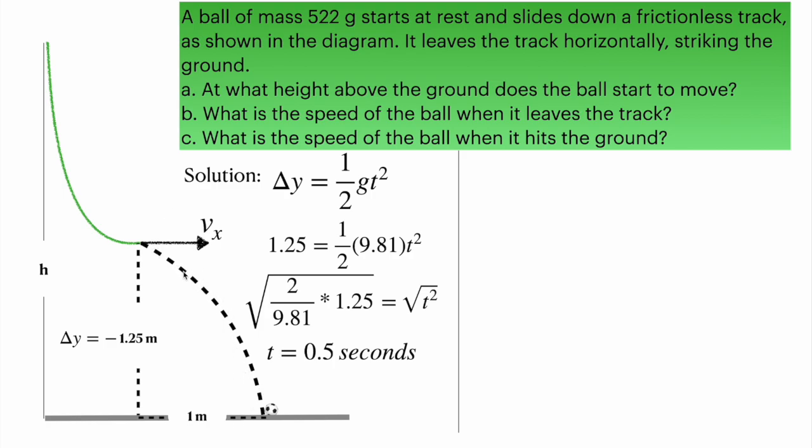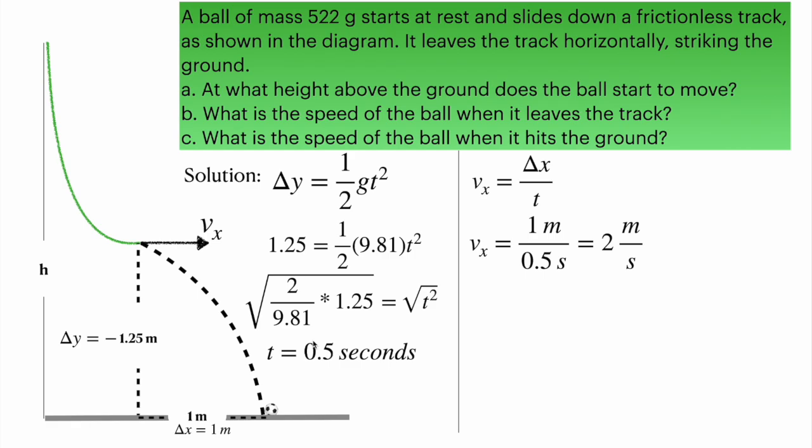So no matter where you measure it, here, or at the end, it will still be the same Vx. So we can go to the end and say, with this displacement and this time, we can actually find Vx. Delta x over t is Vx, and we have delta x, it's 1 meter. So now we can plug them in: 1 meter over 0.5 seconds.